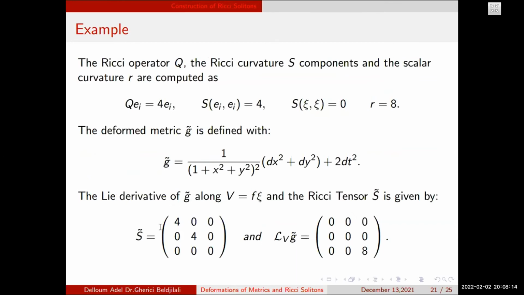One can maybe use other facts, such as V being torse-forming or torqued, or a recurrent vector field, or concurrent vector field. These vector fields really have rich properties. They can either add properties to the structure or simply make the structure richer.